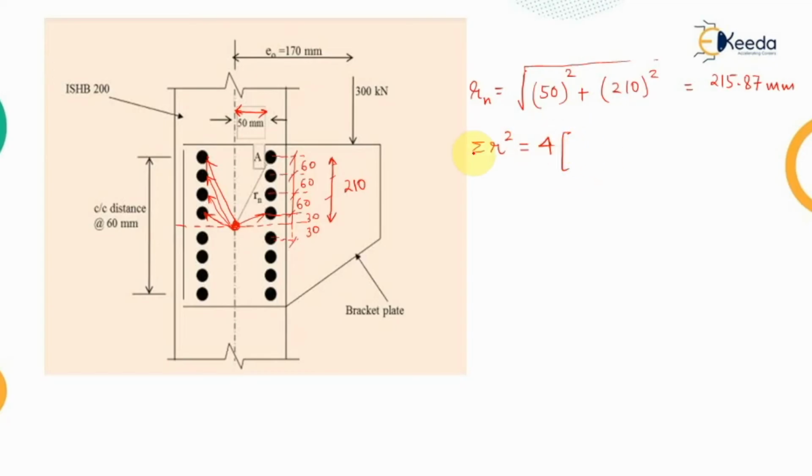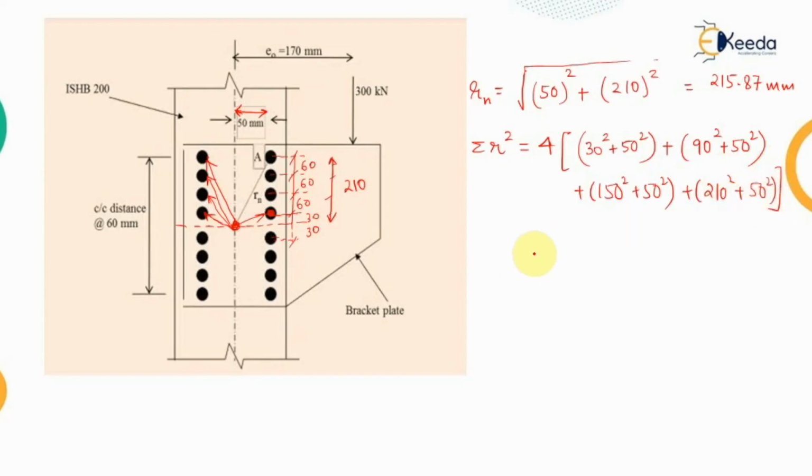So the summation R square for the first bolt, the vertical distance is 30, so it will be 30 square, while the horizontal distance still remains 50. So this will be 30 square plus 50 square, plus next is 30 plus 60, that is 90 square plus 50 square, then 150 square plus 50 square, plus 210 square plus 50 square.